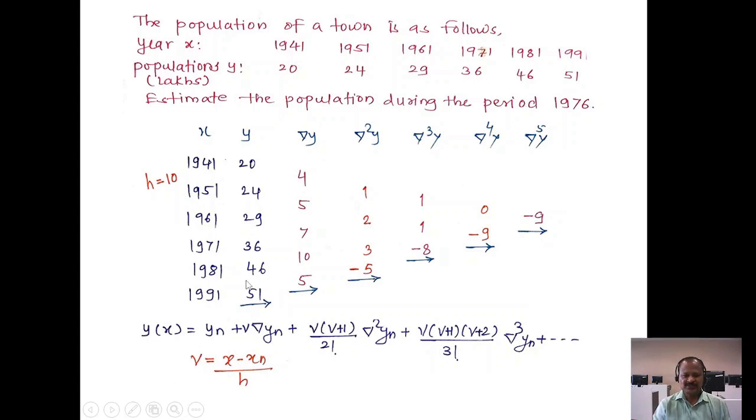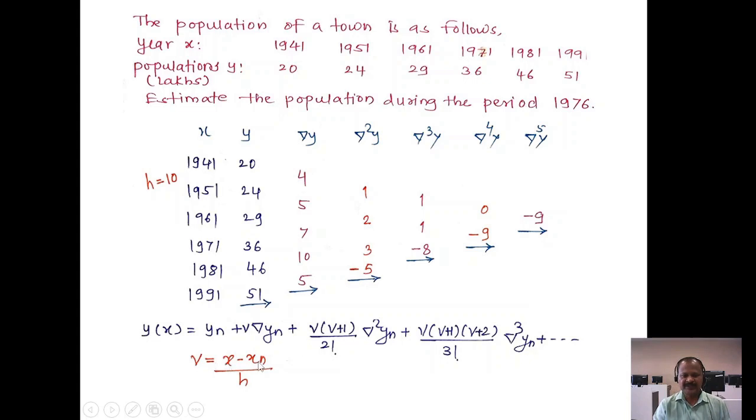So this 51 is yn, this 5 is delta yn, this minus 5 is delta square yn, minus 8 is delta cube yn, then minus 9 is delta raised to 4 y, and minus 9 again is delta raised to 5 y. So for Newton's backward interpolation formula, we have to use the lowermost diagonal values, shown by the arrow like this.